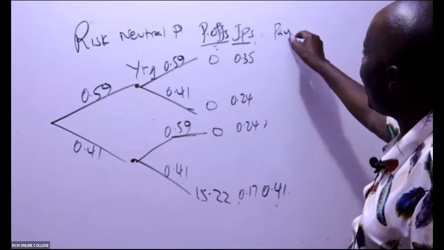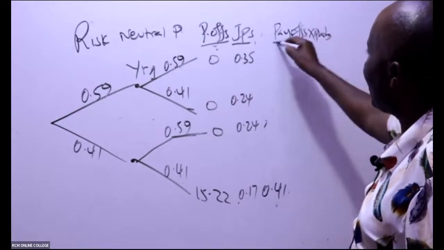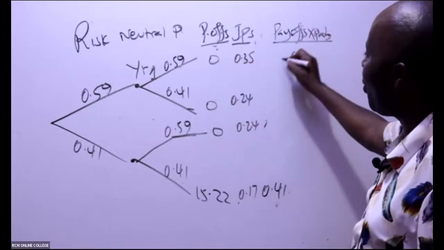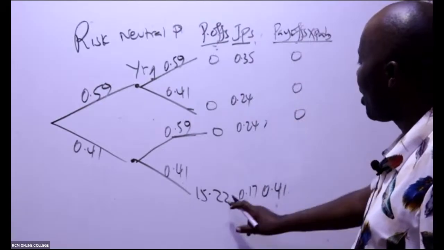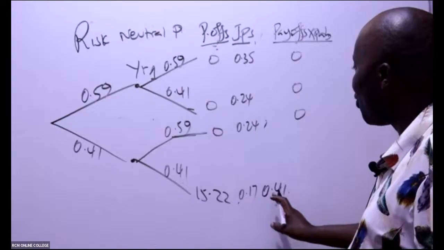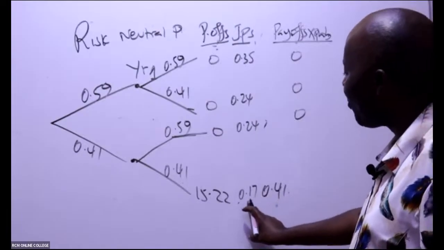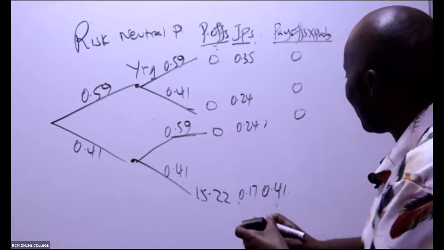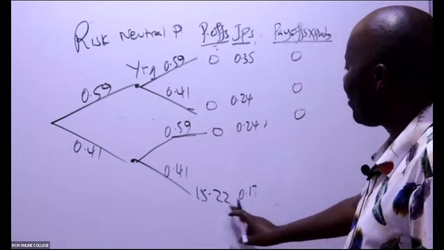Create a column where you take payoffs times probabilities. So 0 times this is 0, 0 times this is 0, 0 times this is 0, and then 0.17 times 15.22.